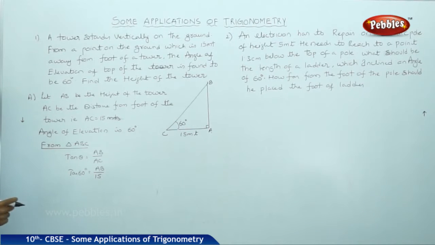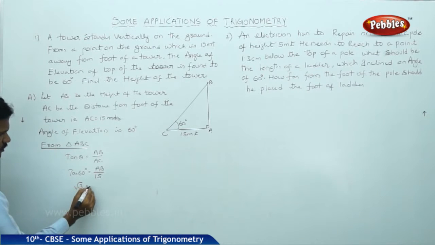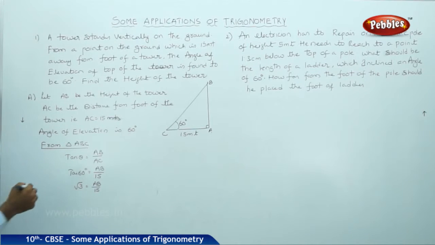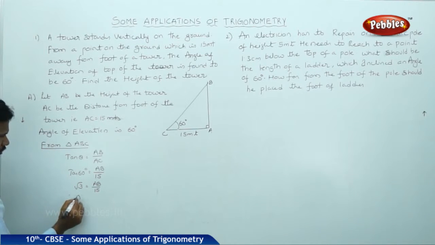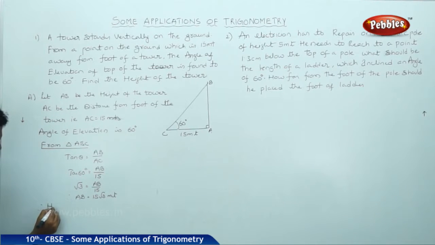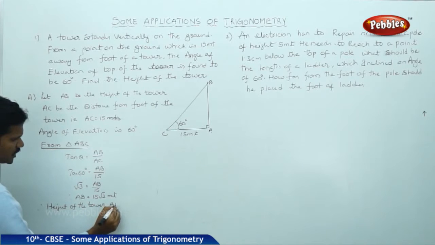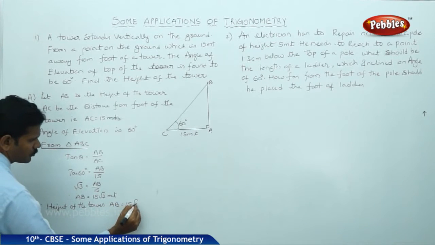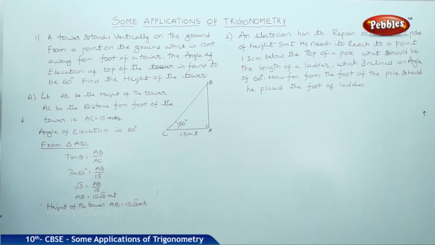We know the value of tan 60 is root 3, so root 3 is equal to AB by 15. Therefore AB is equal to 15 root 3 meters. Therefore, the height of the tower AB is 15 root 3 meters.